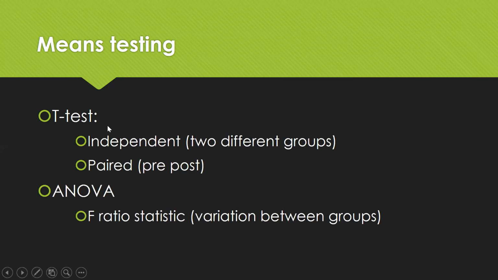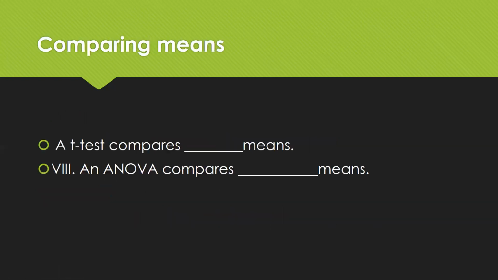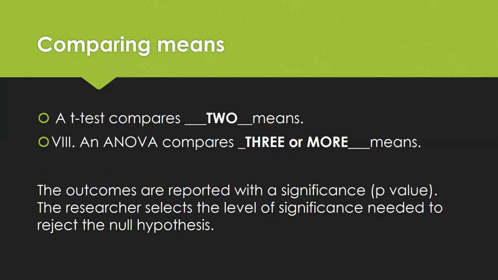I guess if you have two groups, you tend to just use the t-test, but once you get that third group, you can then look at the ANOVA and the variation between three or more groups. So here's our question posed on your handout. Once again, t-test compares two means and ANOVA compares three or more means. So the outcomes are reported with a significance in both cases, and that significance level is a p-value.